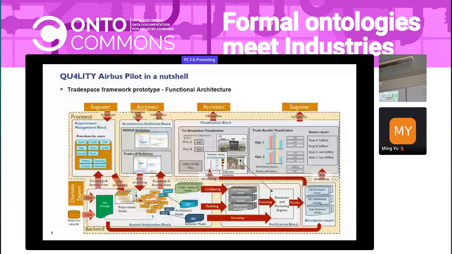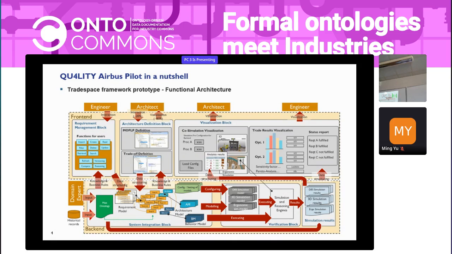This is the functional architecture of the pilot. In the front end we have two different users, an engineer and an architect, to differentiate the decision-making process and the MBSE, MDO processes. We had a requirement management block first, then an architecture definition block, with different phases that we will explain.